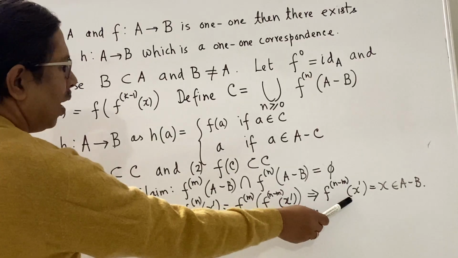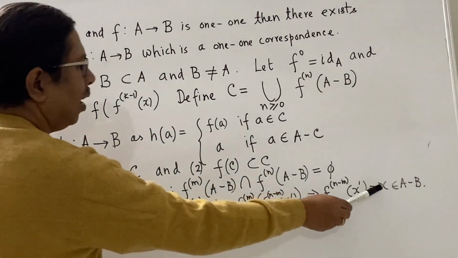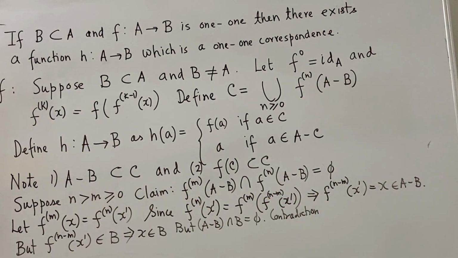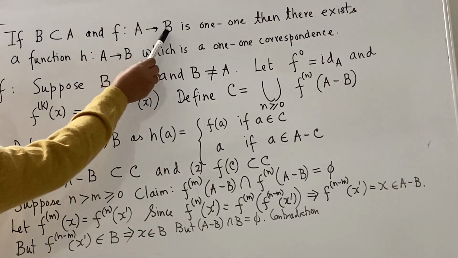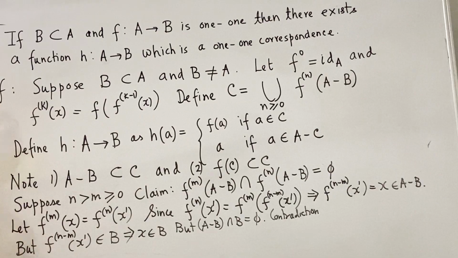So f^(n-m)(x') is equal to x, and we have started by taking x in A minus B, so this x is in A minus B. But we also note that f is a mapping from A to B, so all iterates of it are elements of B. So f^(n-m)(x') also belongs to B, that is x belongs to B. But we know that there is no element in common with A minus B and B. So A minus B intersection B is a null set.